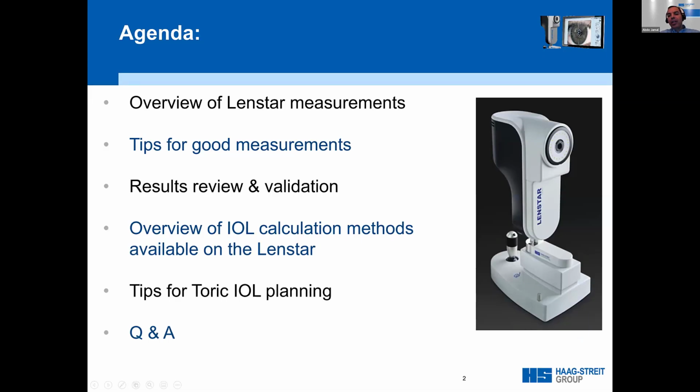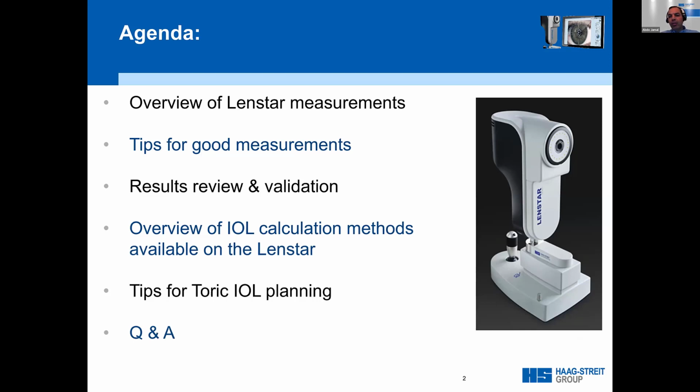So today our talk is about Lenstar, a device that proved it produces highly accurate measurement data that helps surgeons to achieve the best outcomes for their patients. We will start with an overview about Lenstar measurements, and tips for good measurements as well.